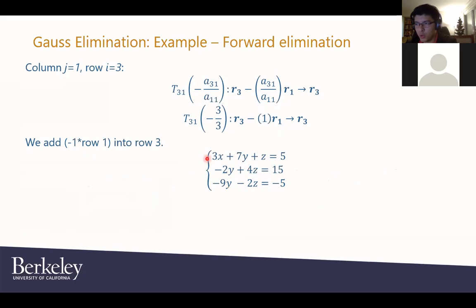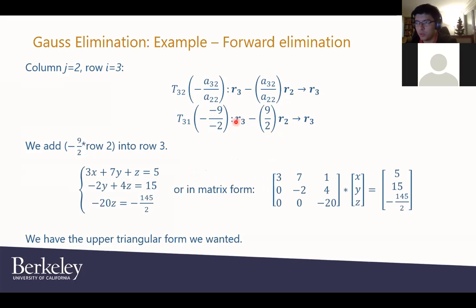Over a_22, row 2, column 2, that's this guy, -2. So row 3 minus 9 over 2 of row 2 assigned to row 3. This is what we got here, and the second element disappears. If we write it in matrix form, it looks like this. We see that all the terms below the diagonal have gone to 0.